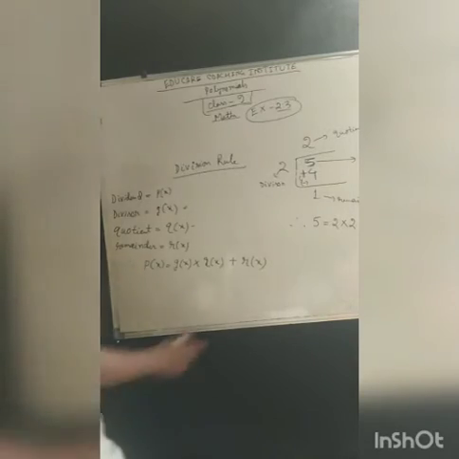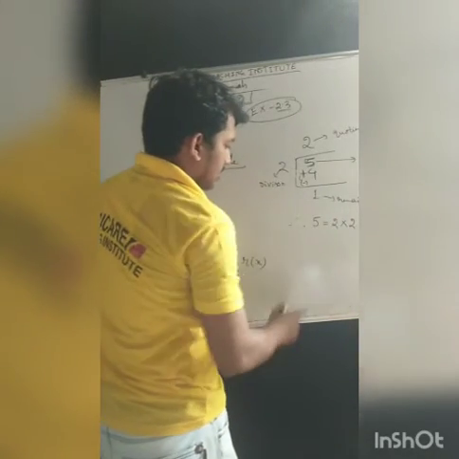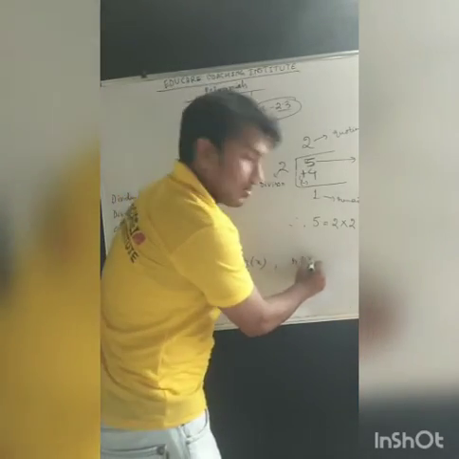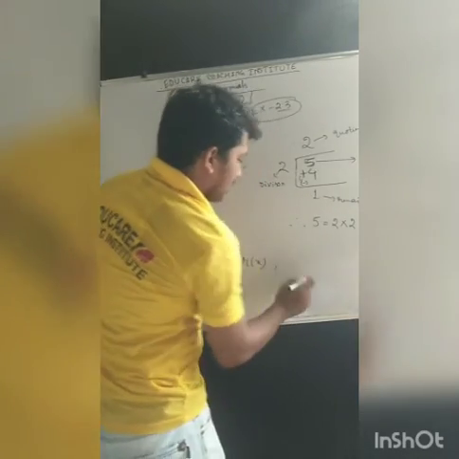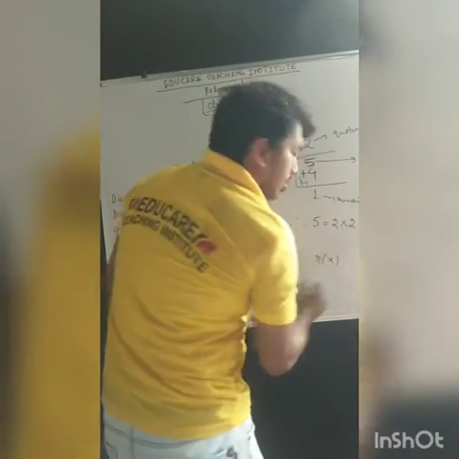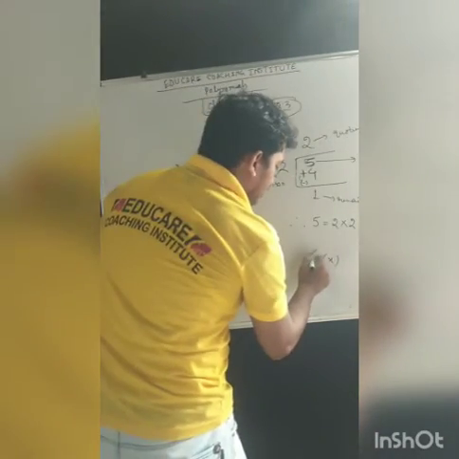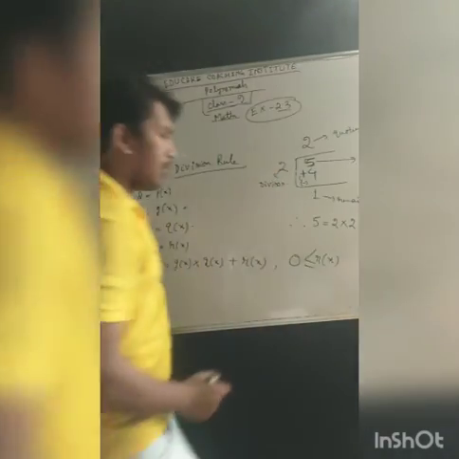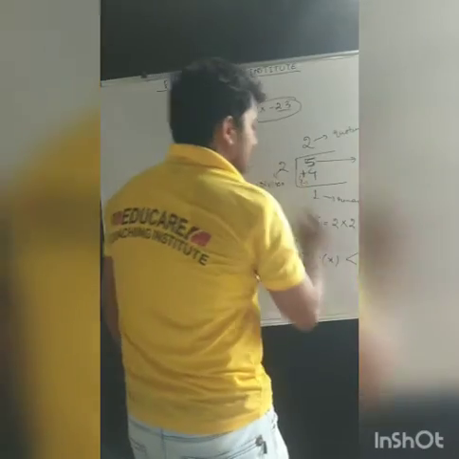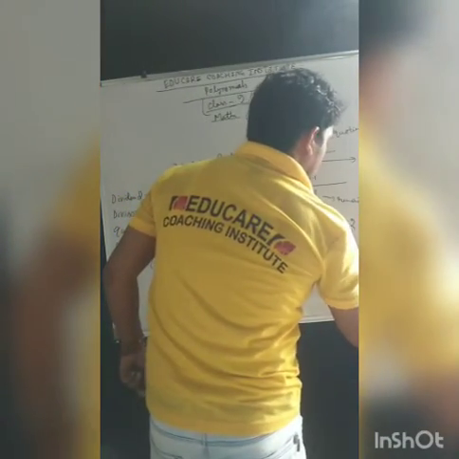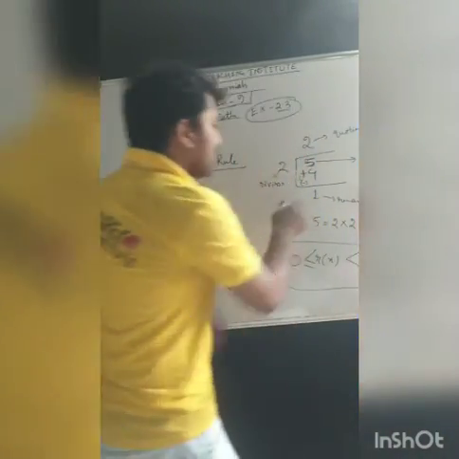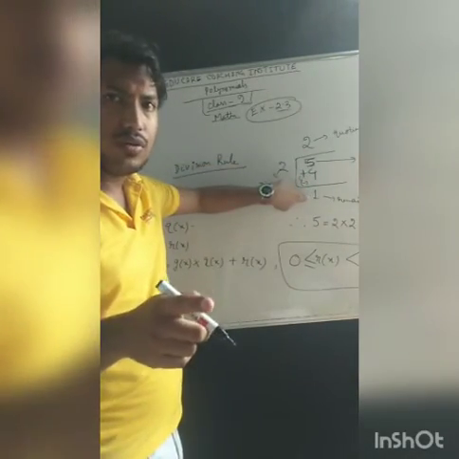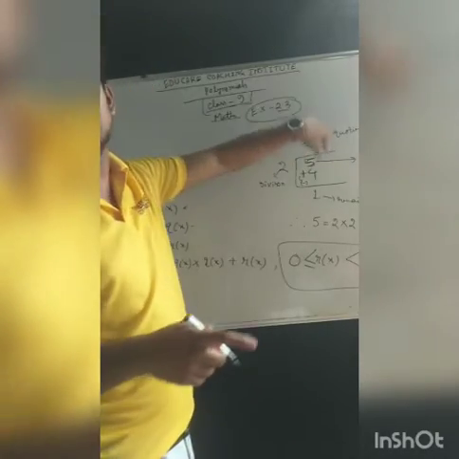And here is a condition on r(x). r(x) should be greater than or equal to 0 but less than the divisor. The remainder can be 0 if the number is fully divisible by g(x).